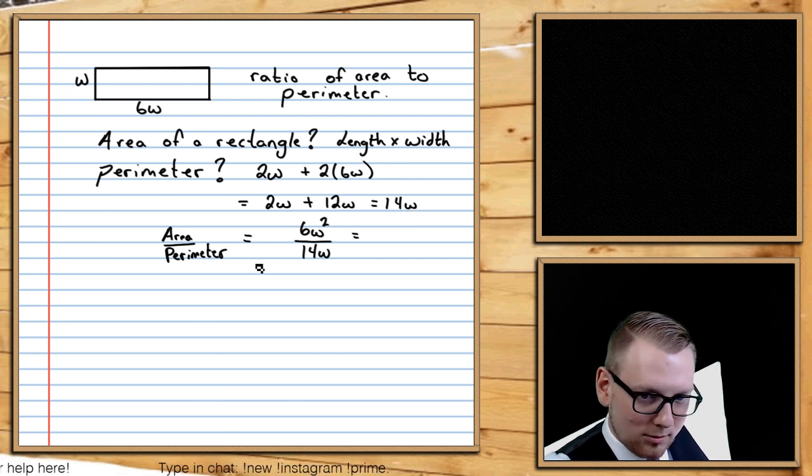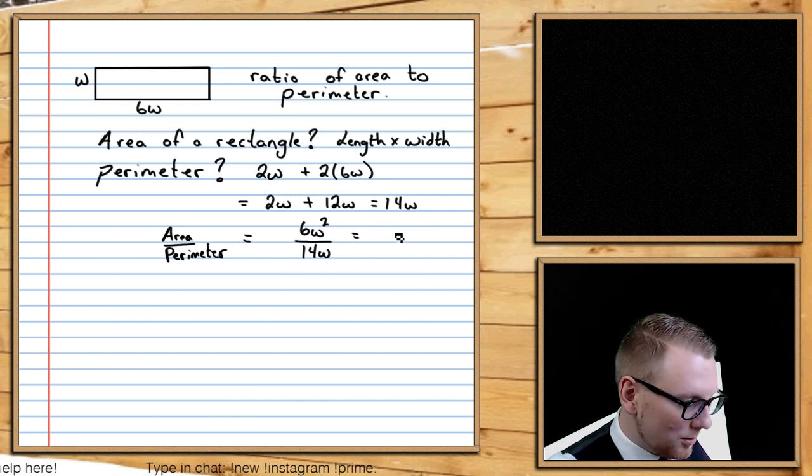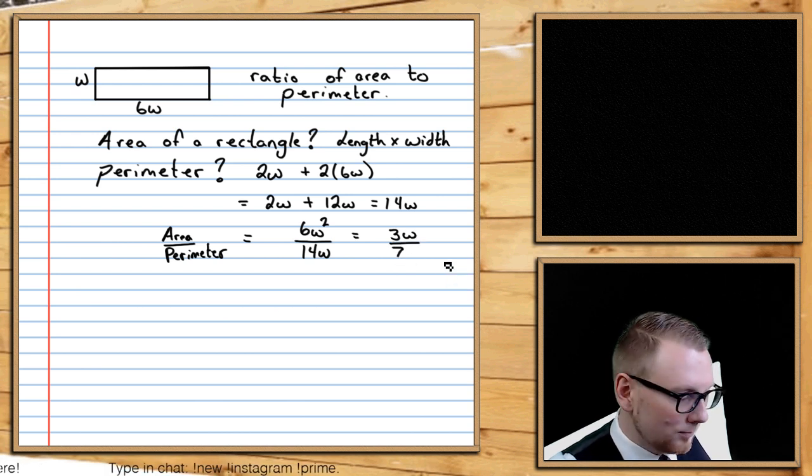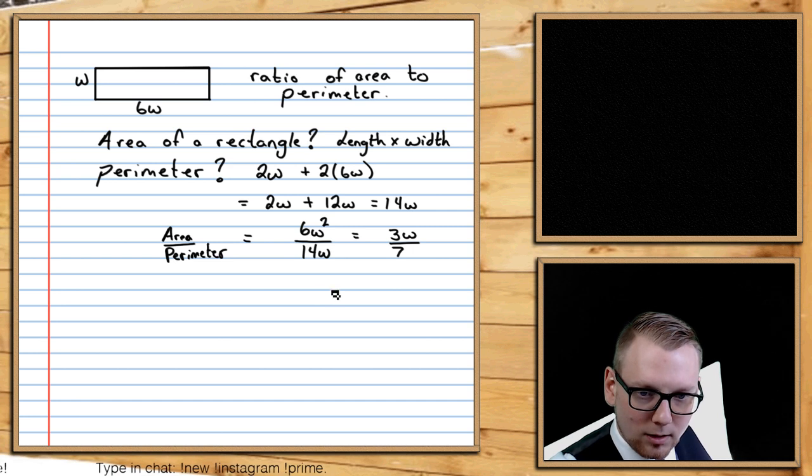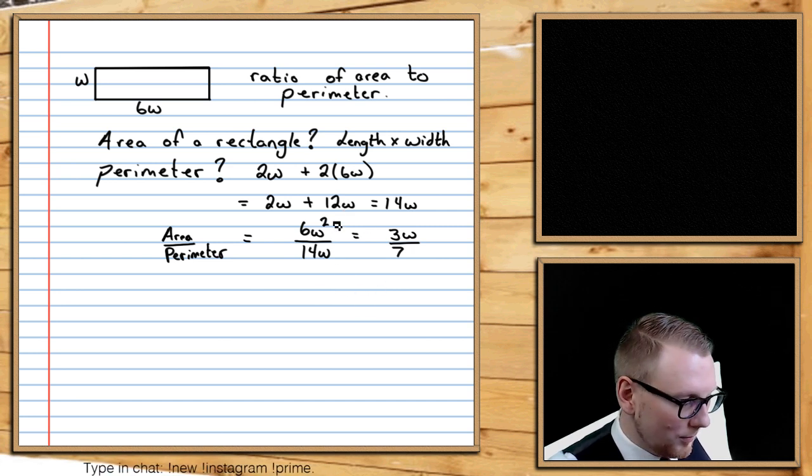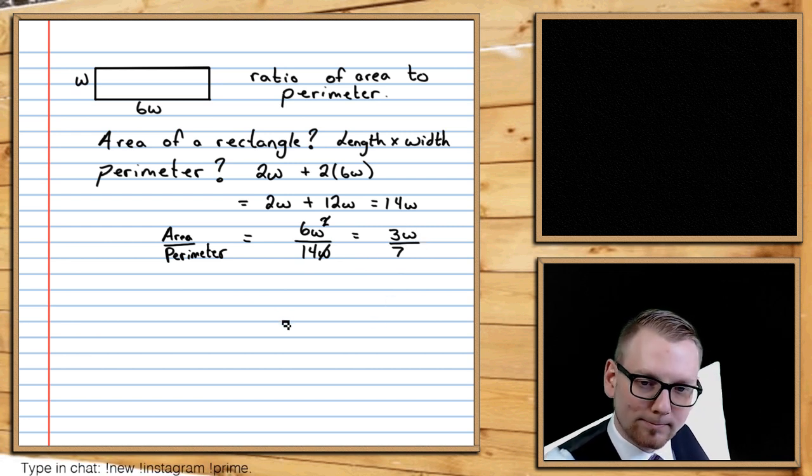Well, you just, yeah, so you just simplify. So 3W over 7, because the W's will cancel out, one of them on the top for the bottom. So cross and cross. We got 6 is 2 times 3, and 14 is 2 times 7. So the 2's cancel. So 3W over 7.